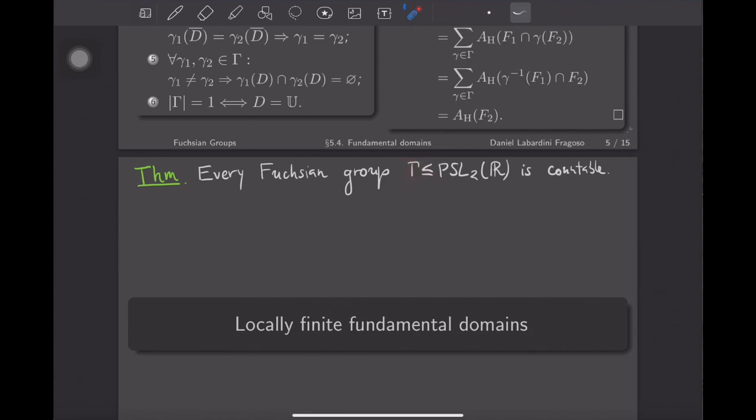So the corresponding pre-image of gamma in SL2R, and SL2R is in R2 times 2, right, which is R4.